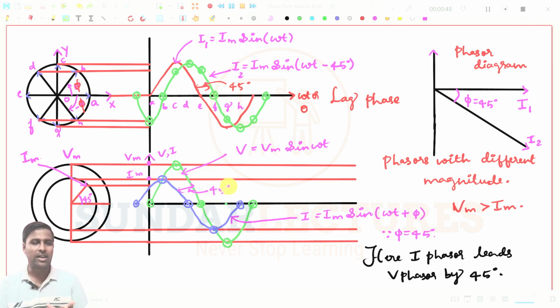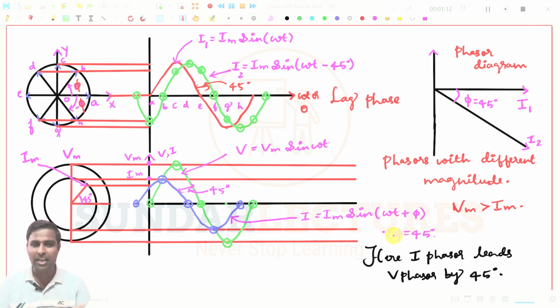But once you are going for expressions in the AC circuit, then obviously it will be different maximum values, different magnitude values, right? So here it is the phasor with a different magnitude, which means Vm will be greater than Im, and also I phasor leads the V phasor by 45 degree.